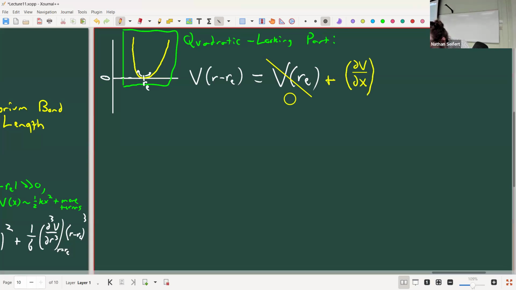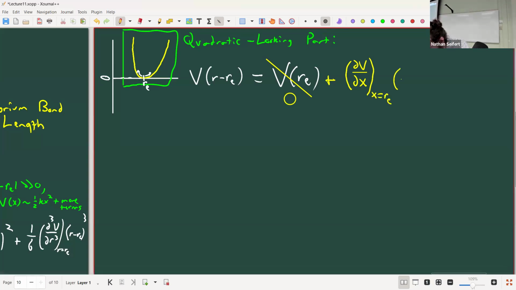The next term is dependent on the slope of the potential at R equals R sub E. Sorry, I'm using R, not x. But the slope of the potential at this point is 0, right? Because it's a minimum.